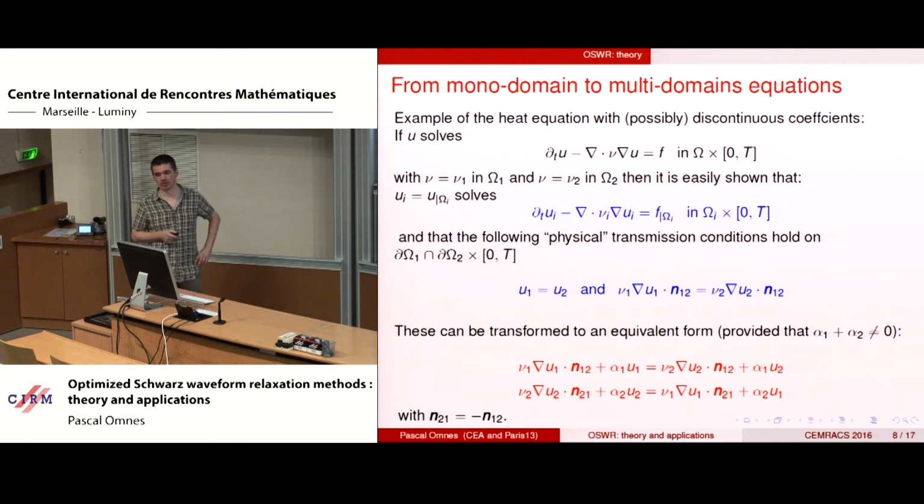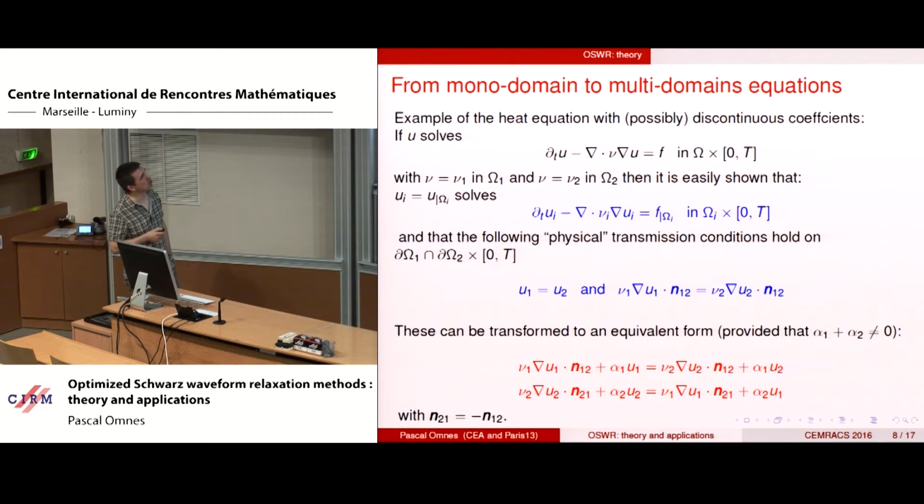Now some theory about that. How does it work? Well, take here the example of the heat equation with possibly discontinuous coefficient. Nu can be nu1 in omega1 and nu2 in omega2.